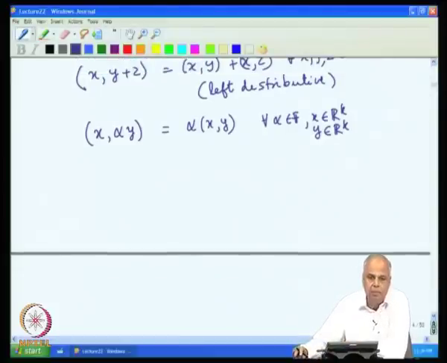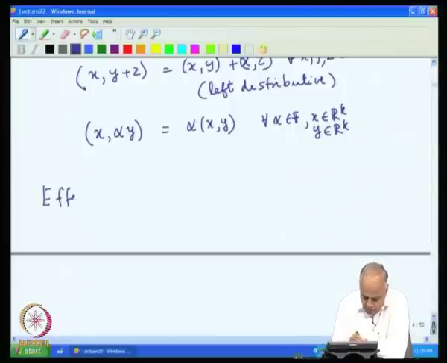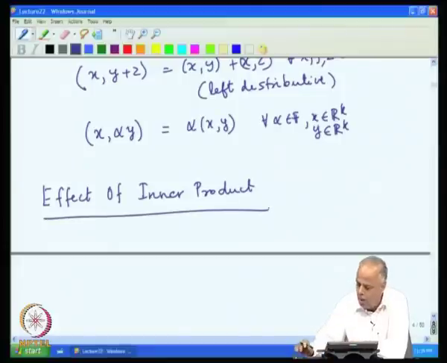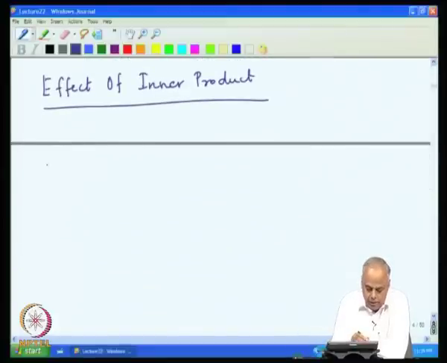What does this inner product give us? So, the effect of inner product. If you recall, again look at R 3.